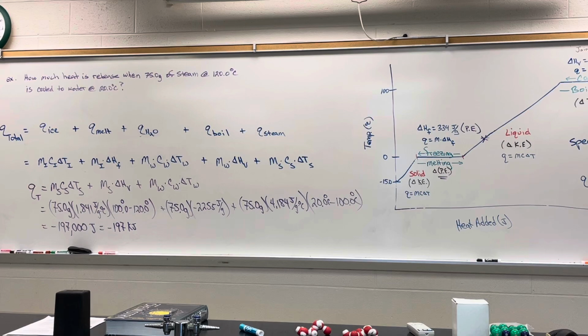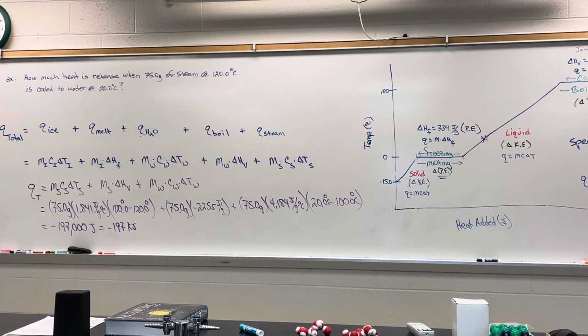Wait, so like the temperature and the heat of vaporization is negative because it's being released? Yes. Okay, now again, the temperature will work itself out as negative because it's always final minus initial. So that's how we know for sure, but the negative delta T simply means the temperature's going down.